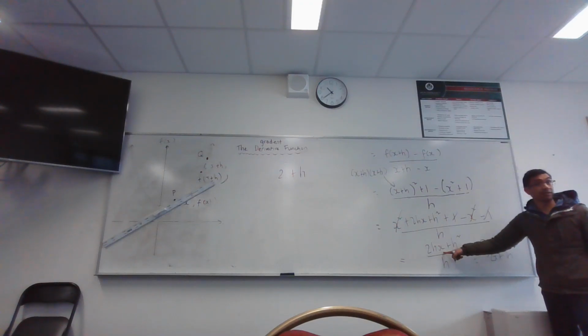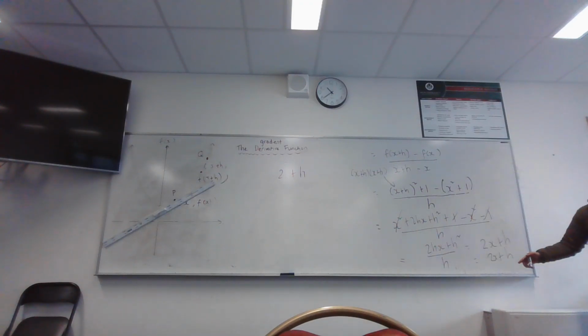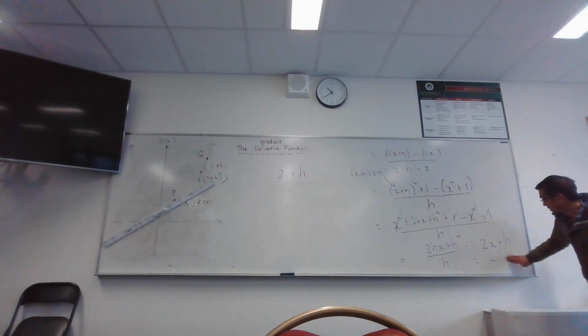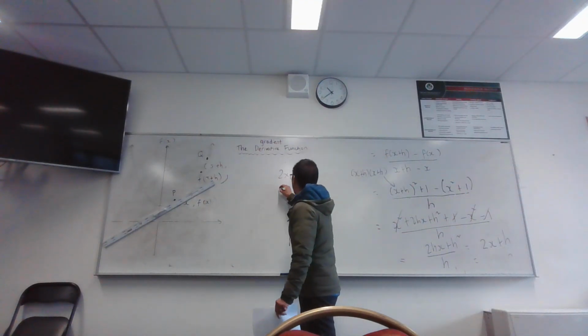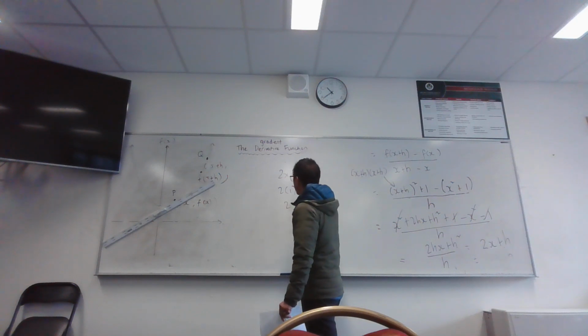I rewrote it again and made a mistake. Our answer here is 2x plus h. You subbed in x equals 1, so it becomes 2 plus h.